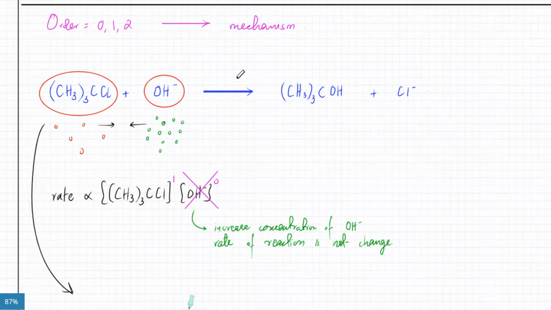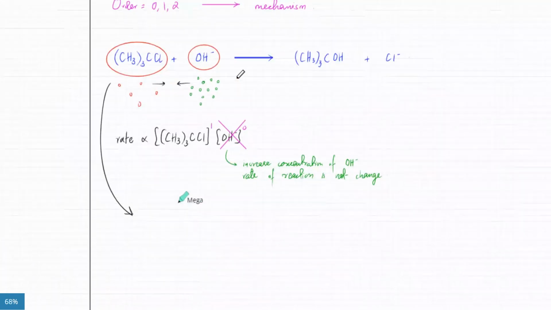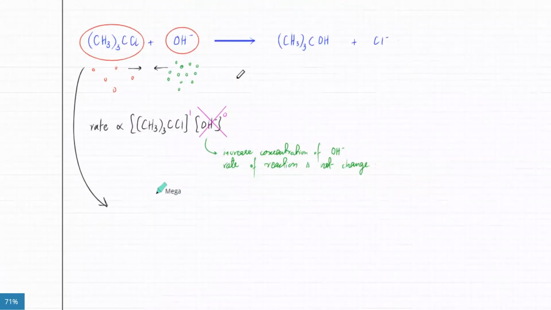The mechanism of this reaction is that it's got 2 steps. There's step 1 and there's step 2. If you remember the Sn, I think this is the Sn1 mechanism for tertiary halogenoalkanes.